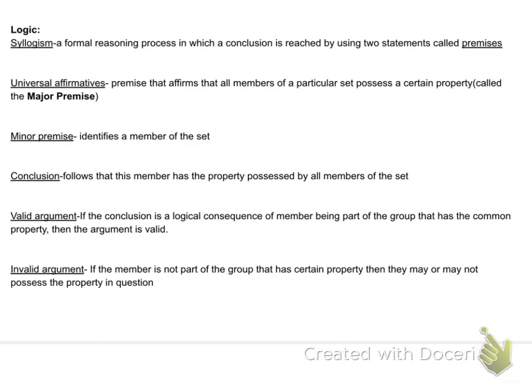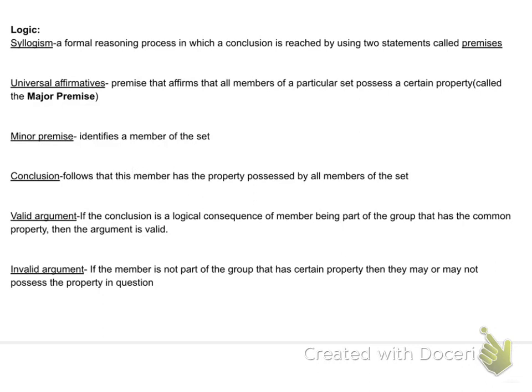The minor premise, the second statement, should state that somebody is in that group. If you're in that group, then you have to possess that property or quality. So the minor premise says, hey, Frank is a pig. Therefore, Frank can fly.